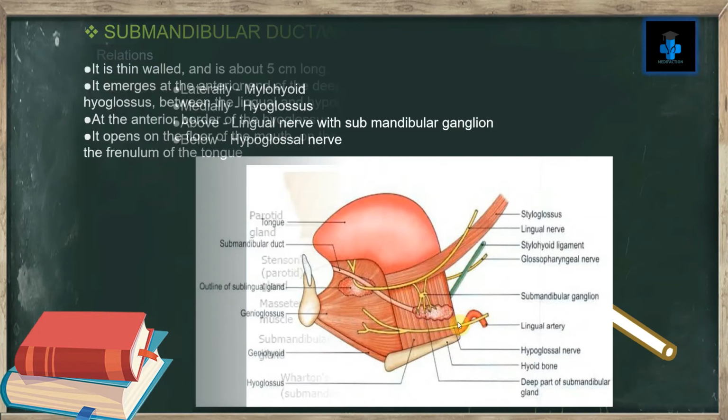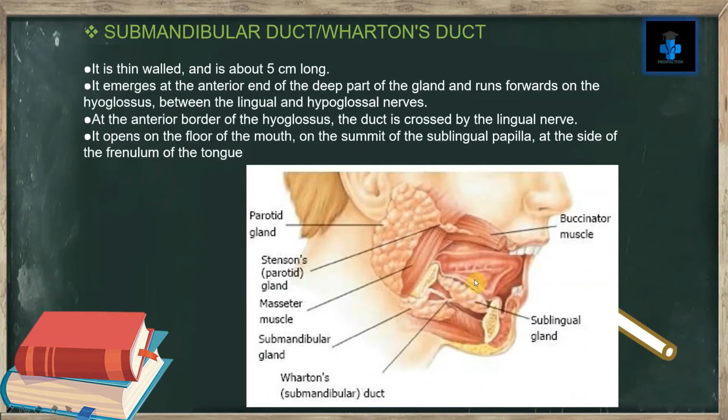Okay. Now let's learn about the submandibular duct or Wharton's duct. Right here. It is thin-walled and is about 5 cm in length. It emerges at the anterior end of the deep part of the gland and runs forward on the hyoglossus between the lingual and hypoglossal nerve.